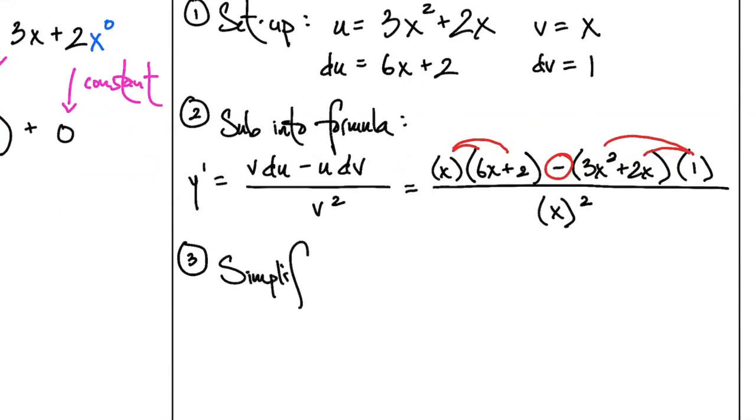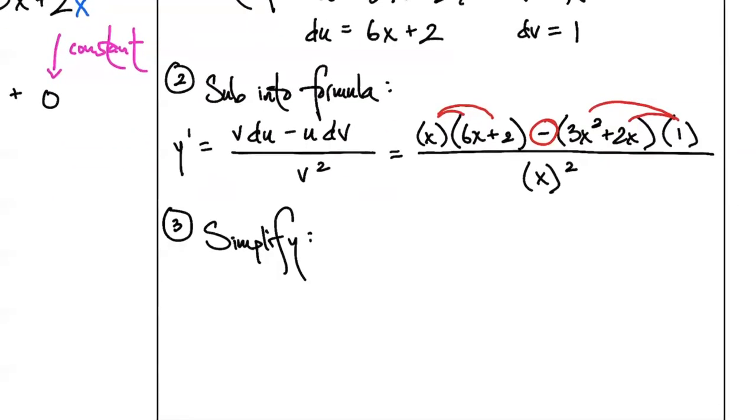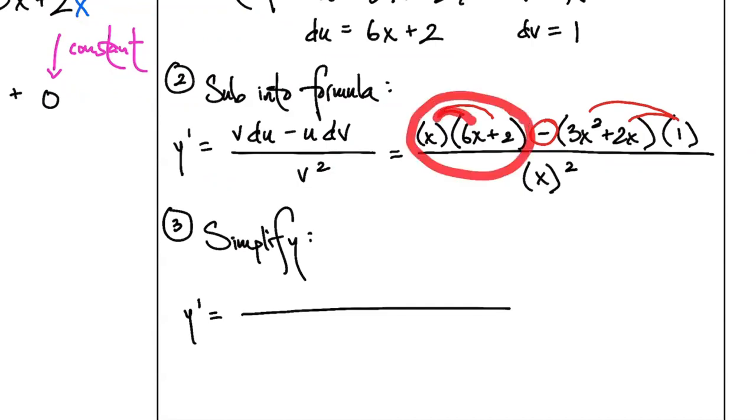Once we've plugged everything into the formula, then we just simplify. Okay, so now we just do some algebra and see what we get. And let's see, over here, I'm going to get 6x squared plus 2x. So I'm going to go ahead and write that up here, 6x squared plus 2x.